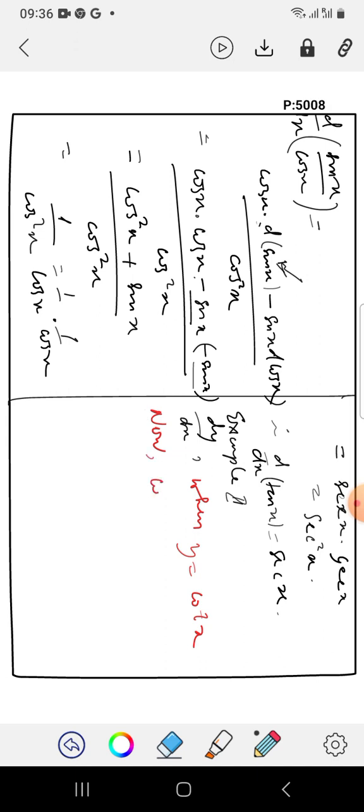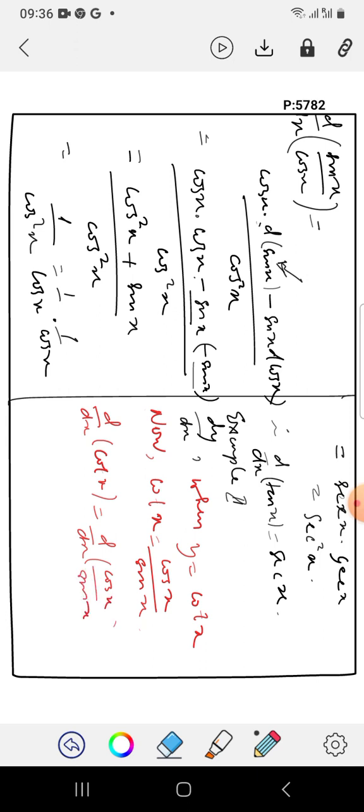Now cot x equals cosine of x over sine of x. All right, so let's work out a solution here. So we are now looking at d/dx of cot x, which is going to give us the same thing as d/dx of cos x over sin x.